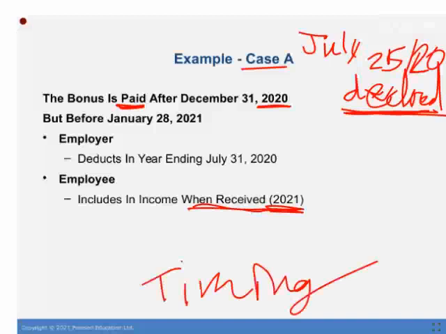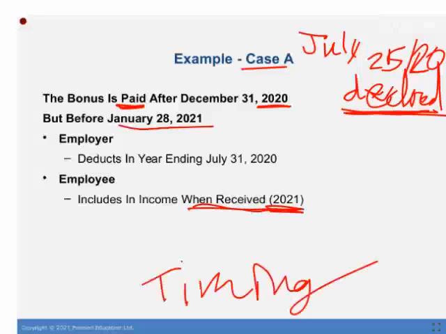That's why, if you look at that little chart and see the dates, they mention paid after December 31st, 2020, but before January 28th, 2021, because the next one is called other bonus.